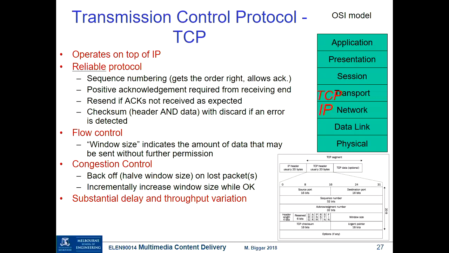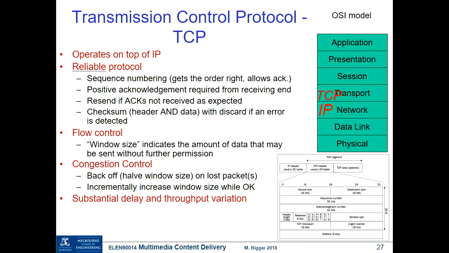It adds sequence numbers, so it can tell when packets arrive out of order, and acknowledges the bytes that are received, so that we can tell whether they have arrived, and resend if the acknowledgements are not received or they're not as expected. And there's a checksum provided on both the header and the data at the transport layer, so we can detect errors if they occur.